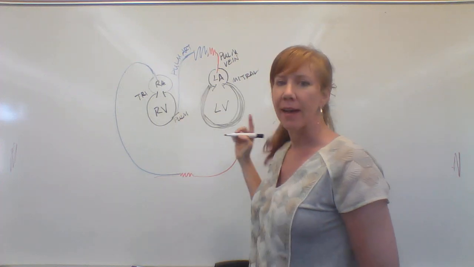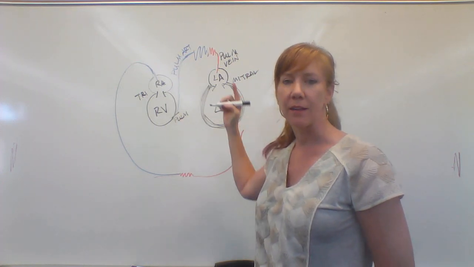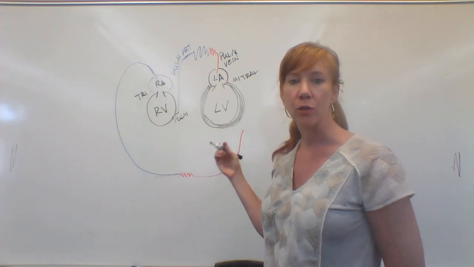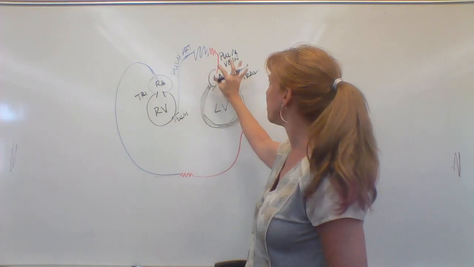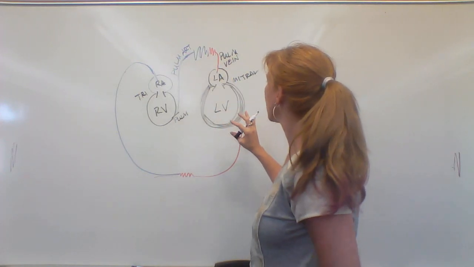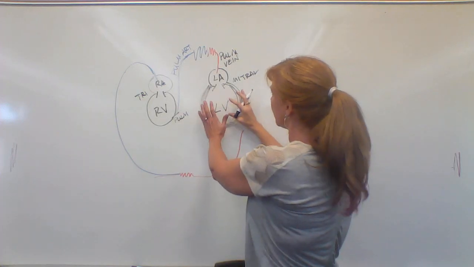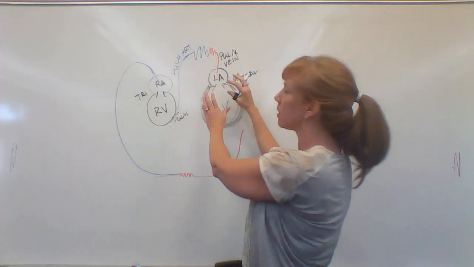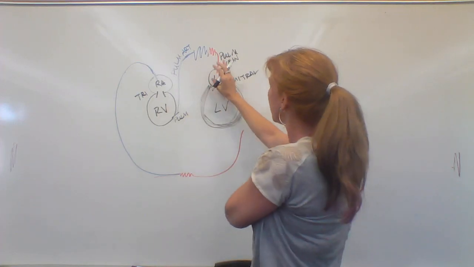So during diastole, when blood is filling on the left side, the mitral valve is open. So during diastole, this is all one big container of blood. All the blood that's in the left ventricle, the left atrium, going up the pulmonary vein.